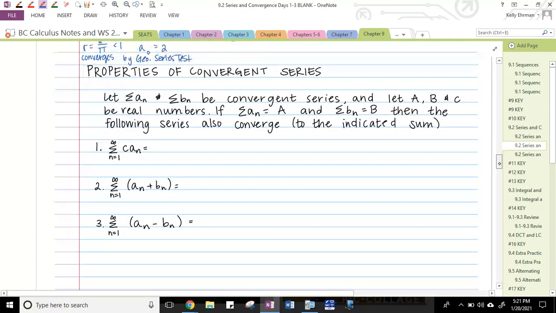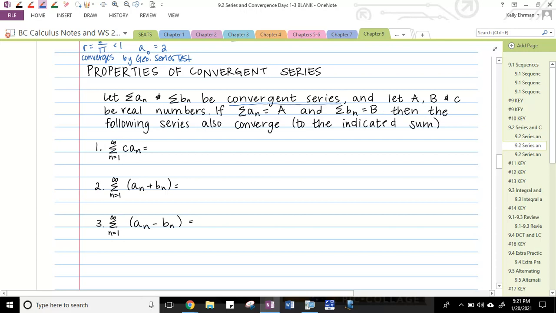All right, so what are some properties of a convergent series? Like what if we're combining more than one? So let the sum of a sub n and the sum of b sub n be convergent series, and let a, b, and c be real numbers. Say the first infinite series has a sum of a, the second infinite series has a sum of b.